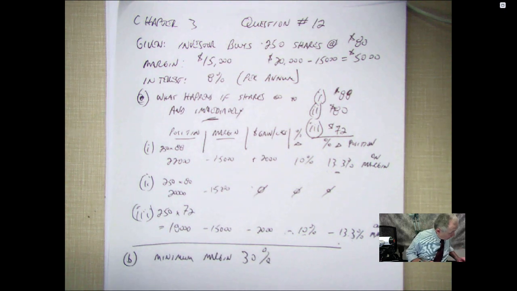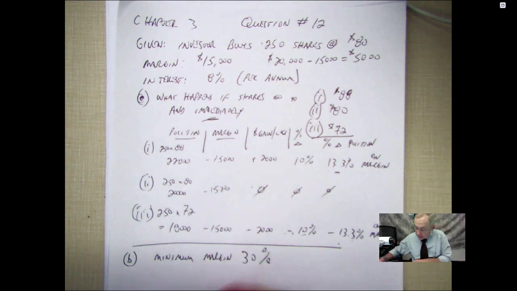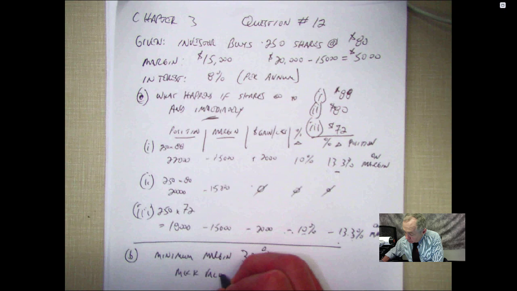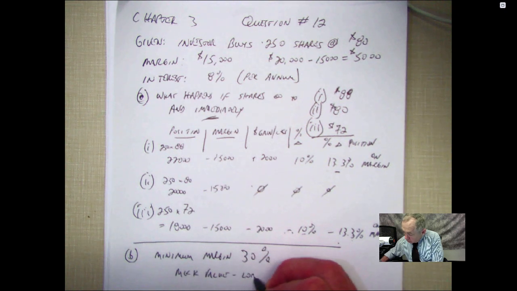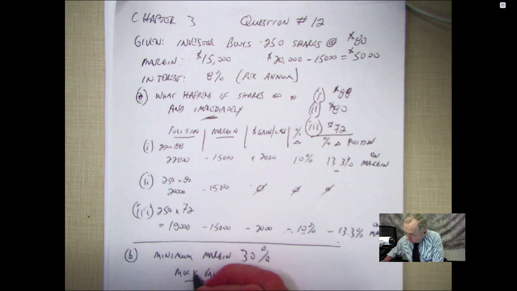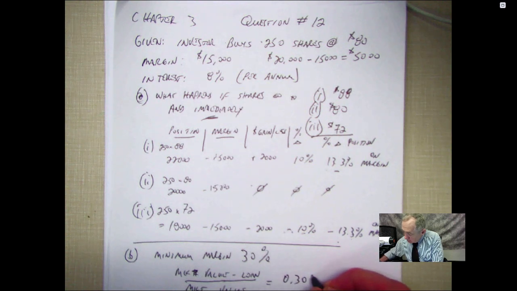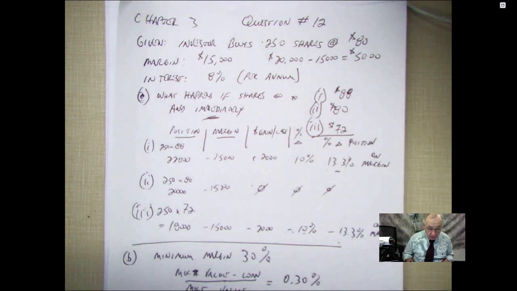And our formula for margin is market value of the assets minus the loan, over market value of the assets. So market value minus loan, divided by market value, must equal at least 30%, 0.3.